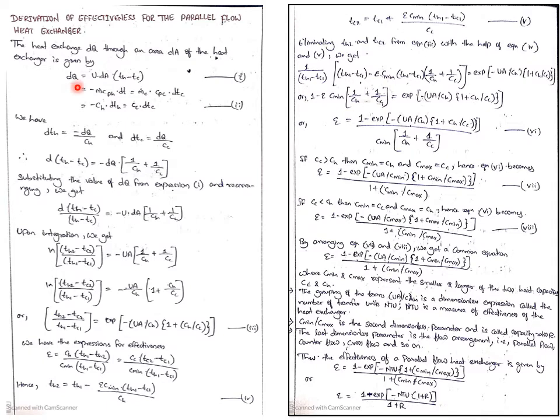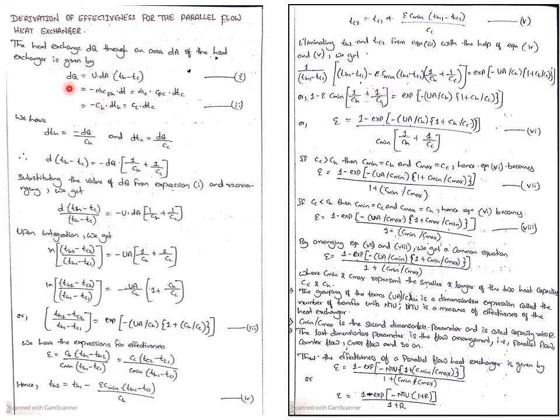Here, the heat transfer for a particular elemental area of a heat exchanger is given as U into dA into (T_h minus T_c), where T_h and T_c are the temperatures at that particular point of the hot fluid and cold fluid.